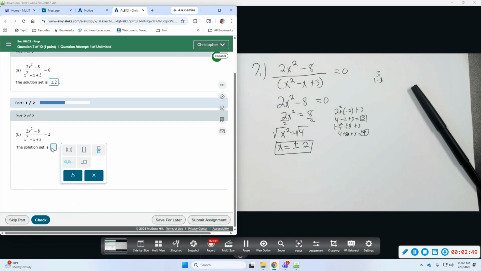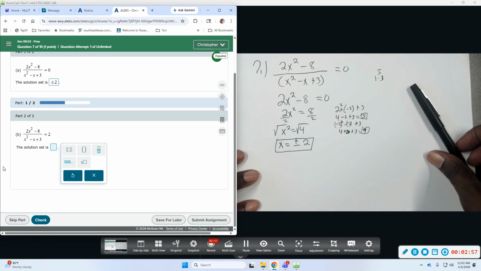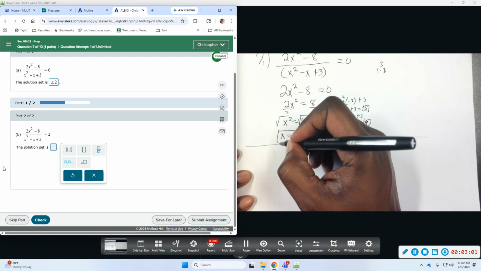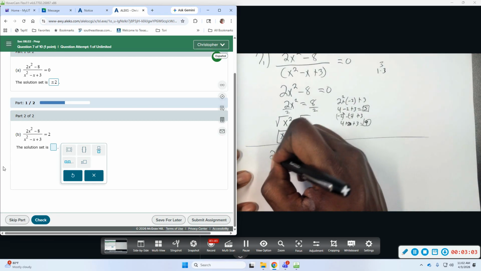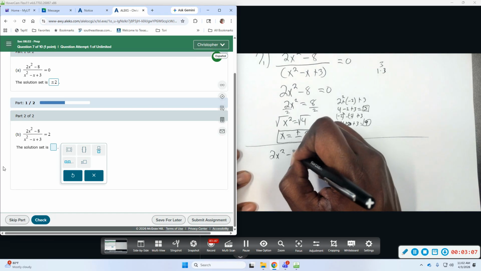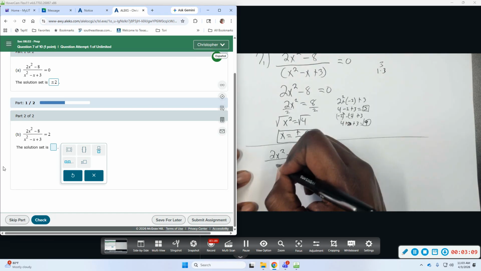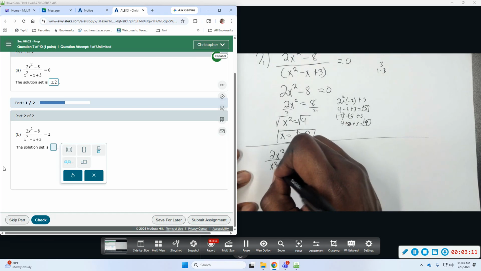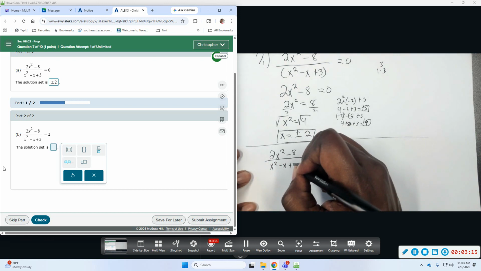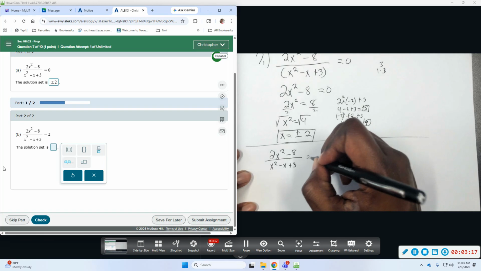The second part says the solution set if we have it equal to 2 now. So setting it equal to 2 now, 2x squared minus 8 over x squared minus x plus 3 equals 2.